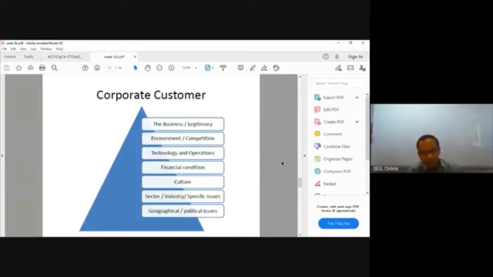Okay, and then there are sector and industry specific issues. In what industry, what sector are they working? Now let us say there are construction companies doing roadways.